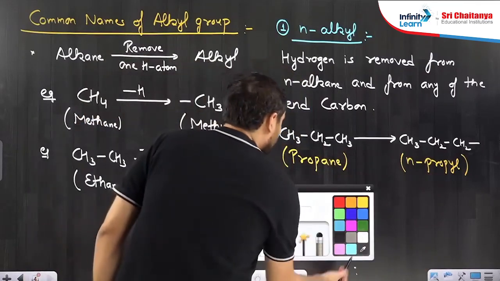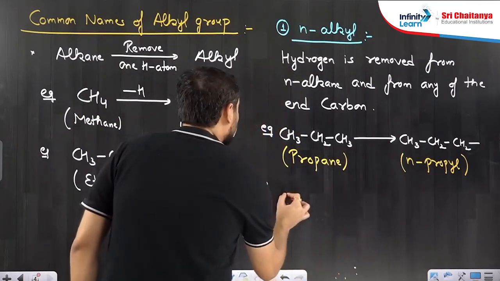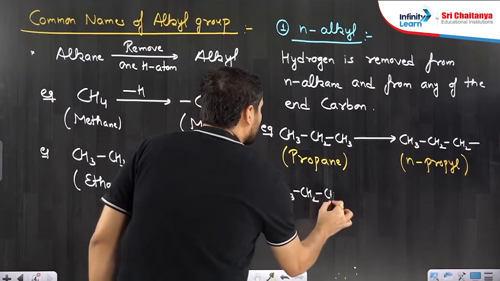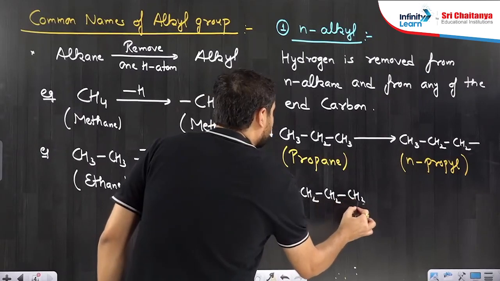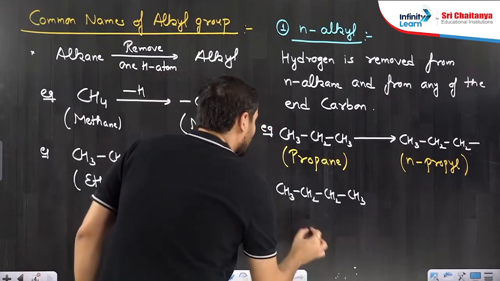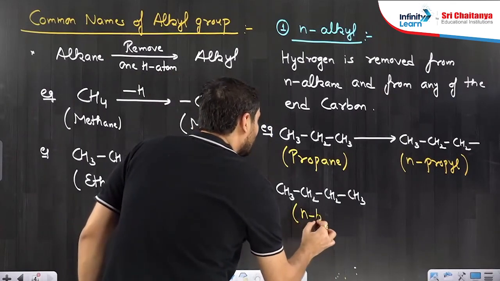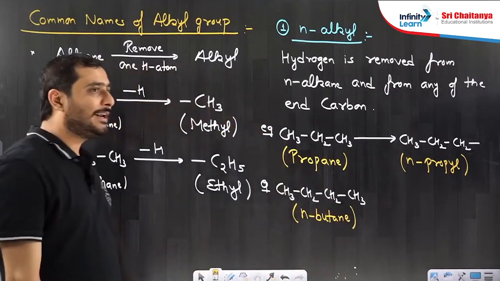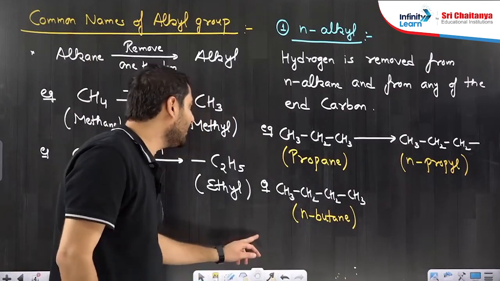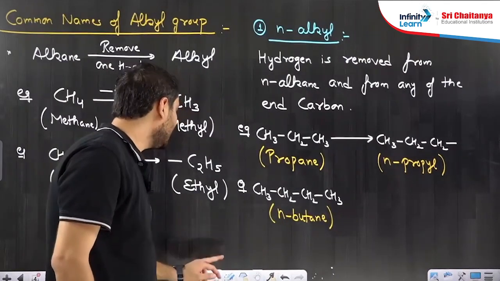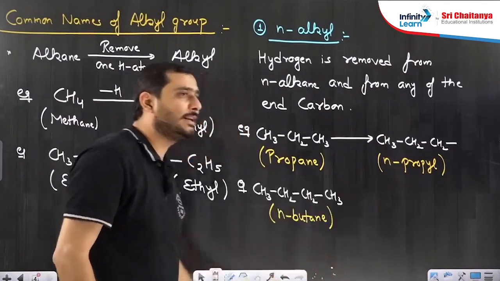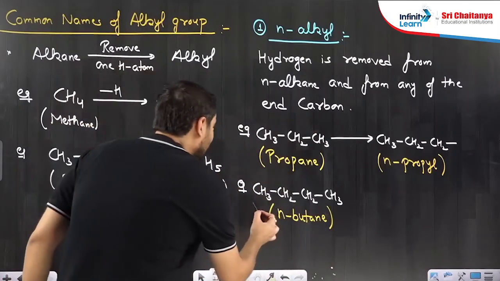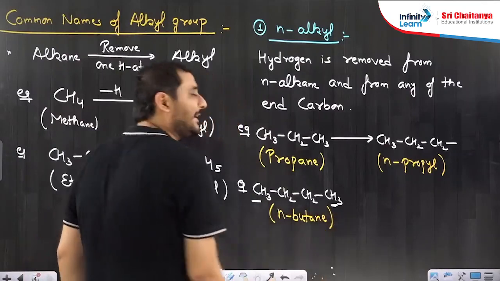Okay. Next, if I take butane, what is normal butane? CH3, CH2, CH2, CH3. Now this is normal butane. If I remove one hydrogen from this normal butane, what do I get? Normal butyl. But I have to remove from any of the end carbon. Either this is the end carbon or this is the end carbon.